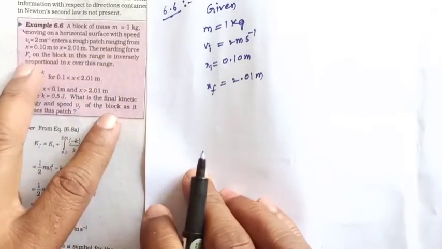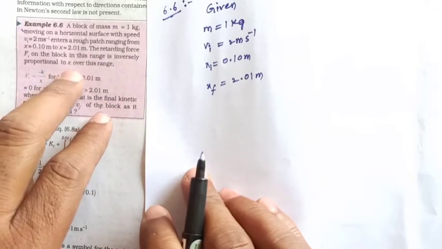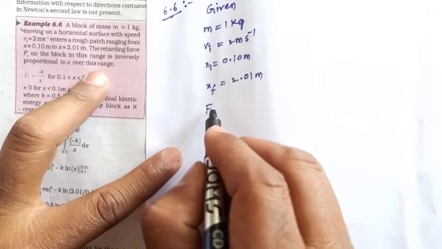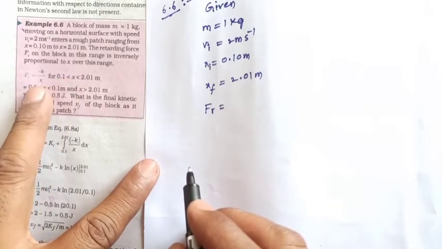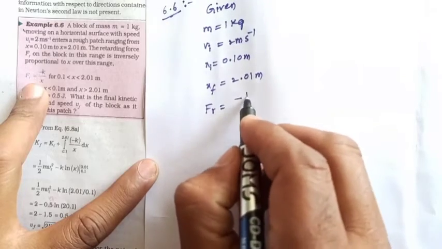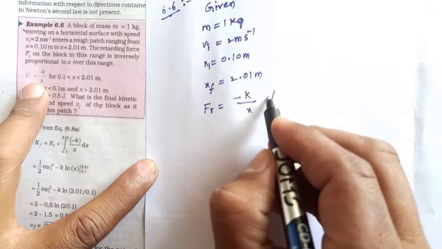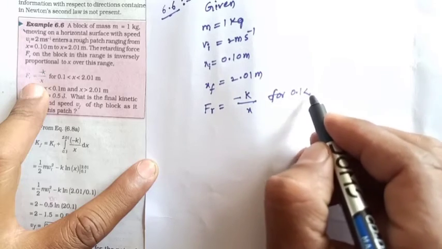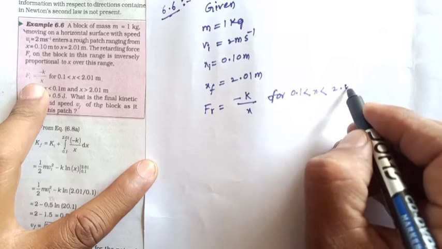The retarding force Fr on the block in this range is inversely proportional to x over the range. The retarding force is nothing but the frictional force. The retarding force Fr is given as minus k by x, for 0.1 less than x less than 2.01 meters.